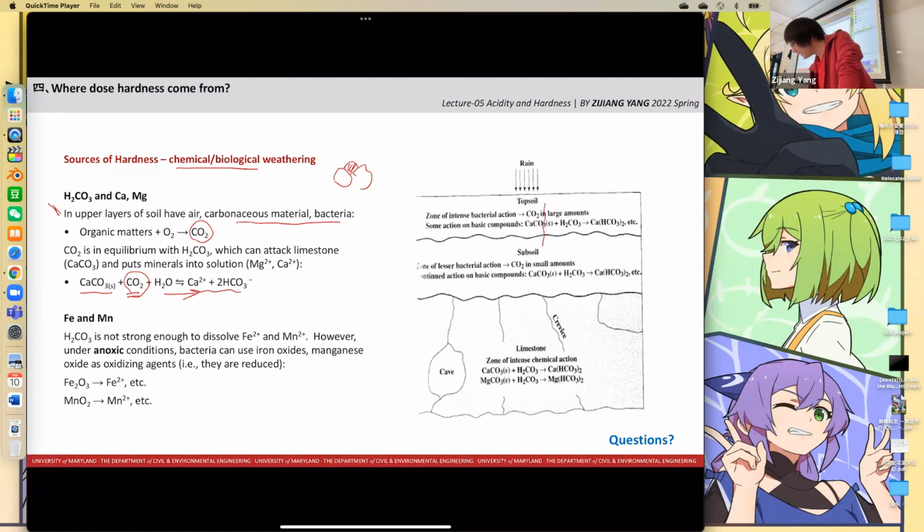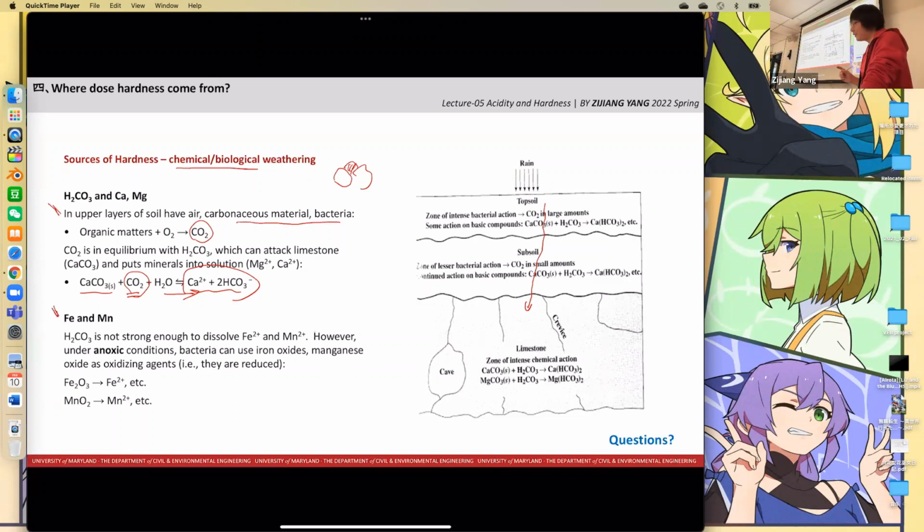And then when the rain goes deeper, the rainwater with a lot of calcium bicarbonate will get into the underground water and then get into the watershed. So this is the main source.